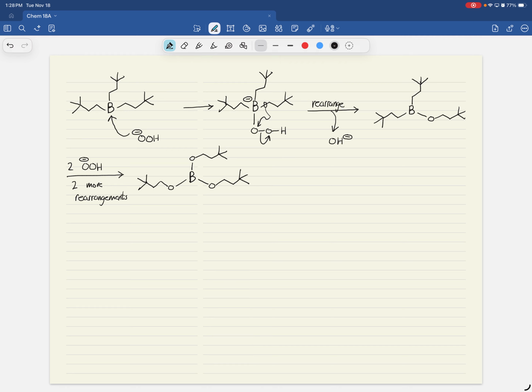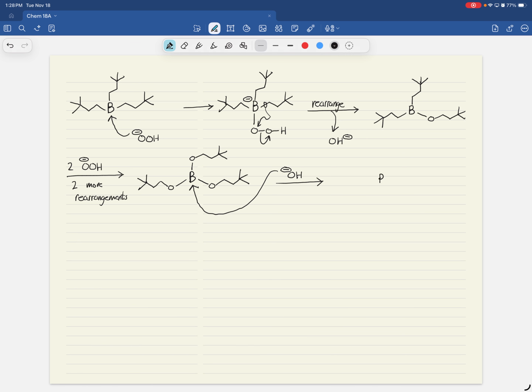Well, these reagents are very sensitive to hydration or hydrolysis. So hydroxide is going to come in, and it's going to attack the boron now. Okay.